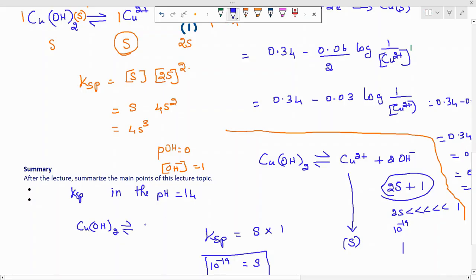That's the important point you should realize, because sometimes we make careless mistakes on this. For a strong electrolyte, you can apply the Cu2+ concentration directly. For a weak electrolyte, we have to apply the concentration by giving the solubility. Thank you, students.